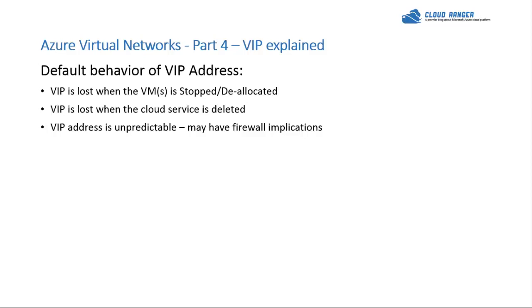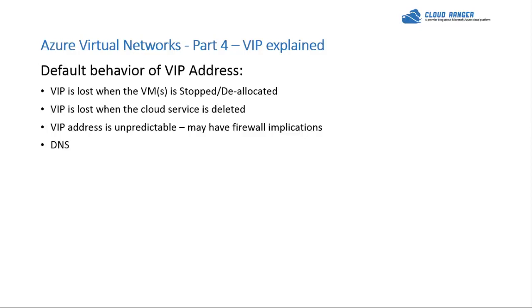So if you have a lab or a system that only has a VIP but only turns on at a specific time, or it's a lab environment so you don't care and you create the virtual machine as many times as you want to connect to that other organization, they will only remember the first time you give them the VIP. They will not be going in and changing their firewall rules with the public IP address you keep giving them. So there are implications of having a VIP address which is not set static to the cloud service.